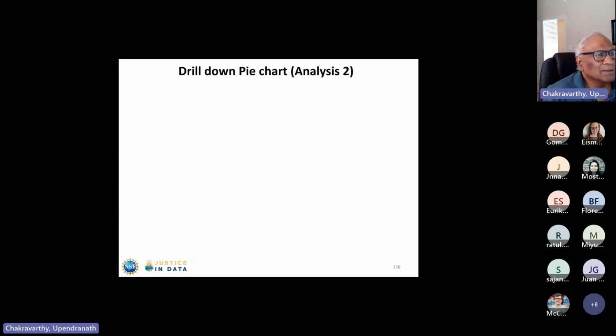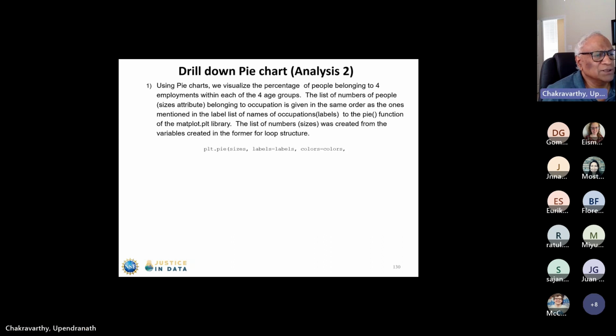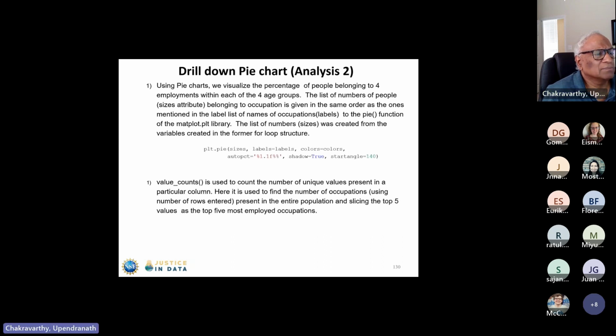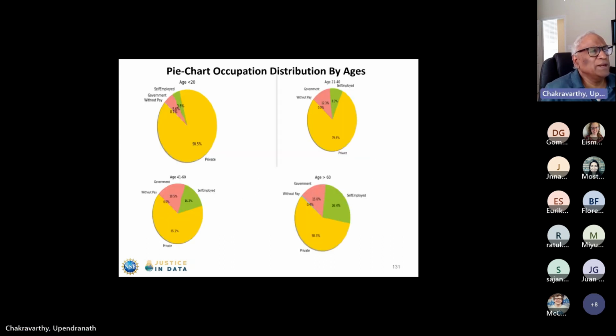The second analysis essentially used pie charts, where you can see, for this group, what the breakdown was for different kinds of occupations. So this is self-employed, private.